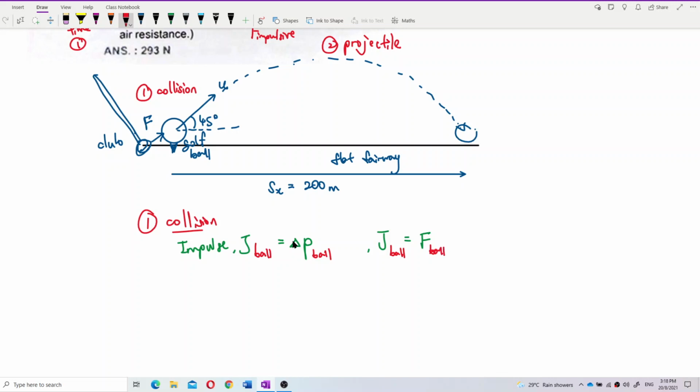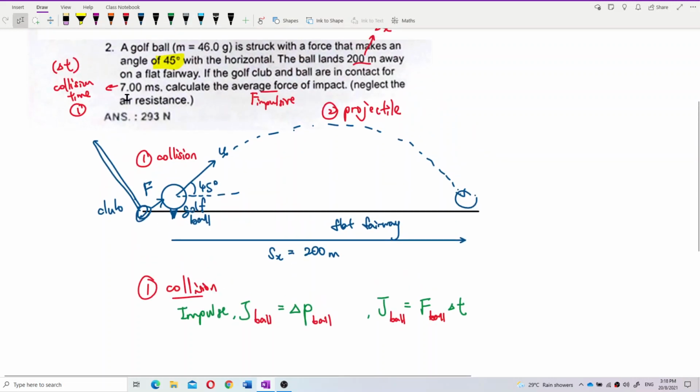Yeah, the impulsive force multiplied by the collision time, because it's given the collision time, isn't it? So we need to find this impulsive force.